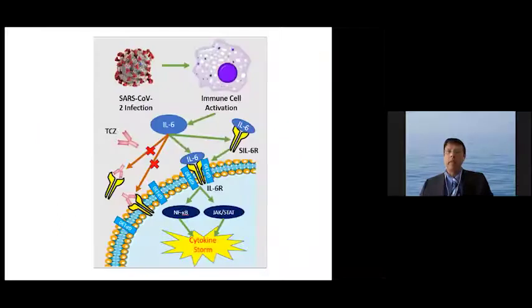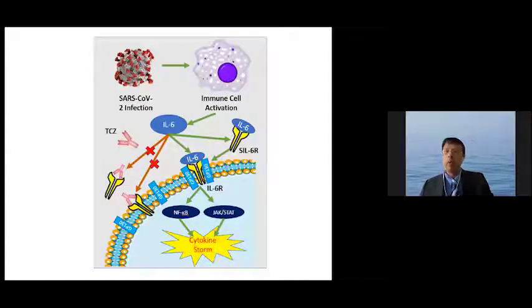So in summary, we know that SARS-CoV-2 causes immune cell activation, and one of the important chemicals released is the cytokine called IL-6. IL-6 binds to either the membrane receptor or soluble receptors and causes inflammation or hyperinflammation if the levels are very high.